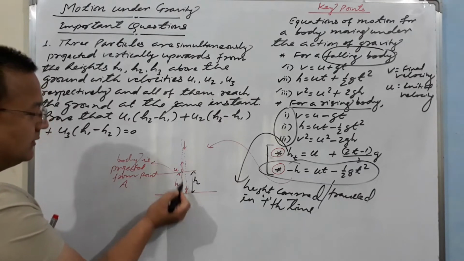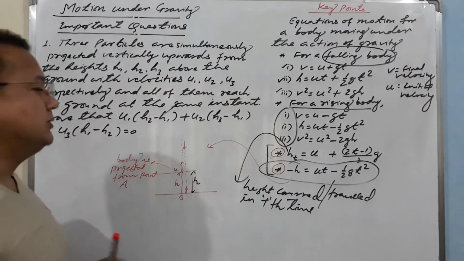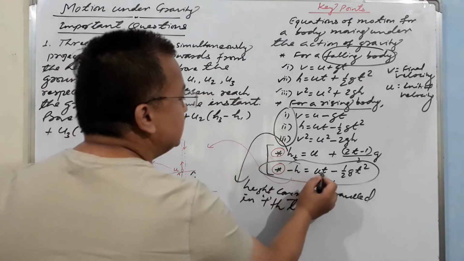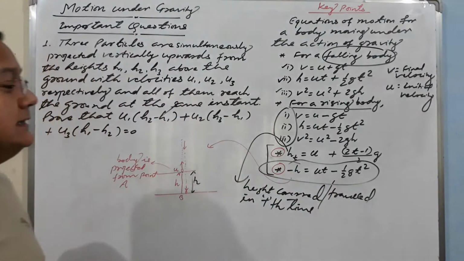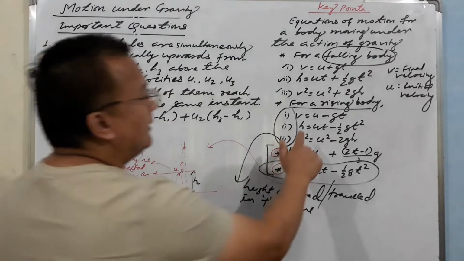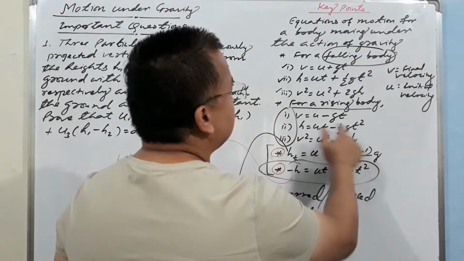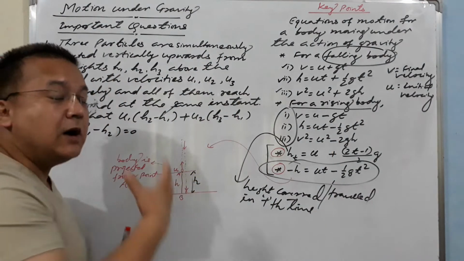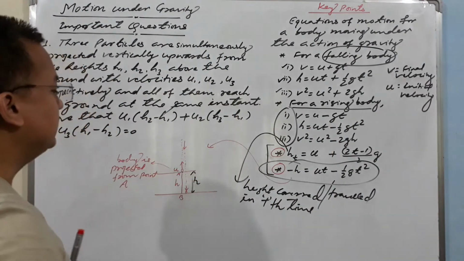For this type of scenario we use this formula: minus h is equal to ut minus half gt square. Because the body is just below the point of projection, meaning the opposite direction, we need to take the negative sign.